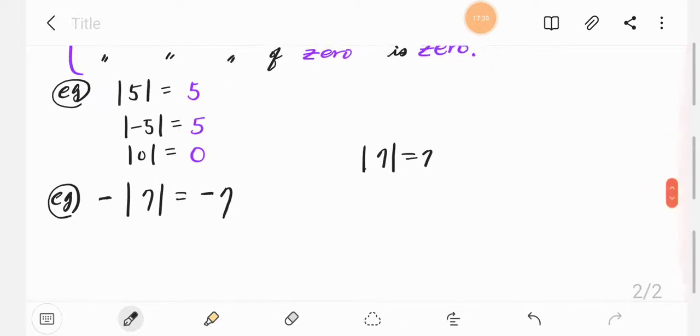The negative sign is in front of the absolute value symbol, so just leave it in front of the number. You can also write it as the opposite of the absolute value of 7. The absolute value of 7 is 7, so the opposite of 7 is negative 7. Same thing.